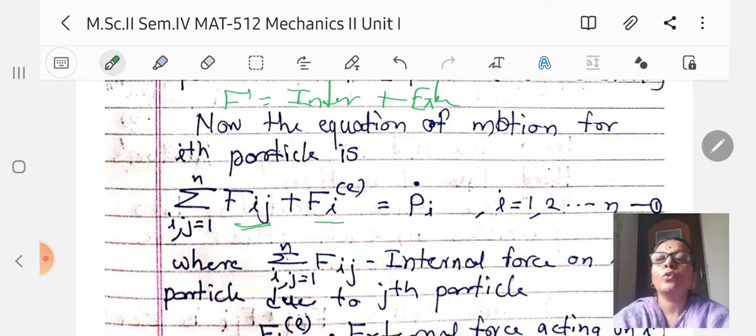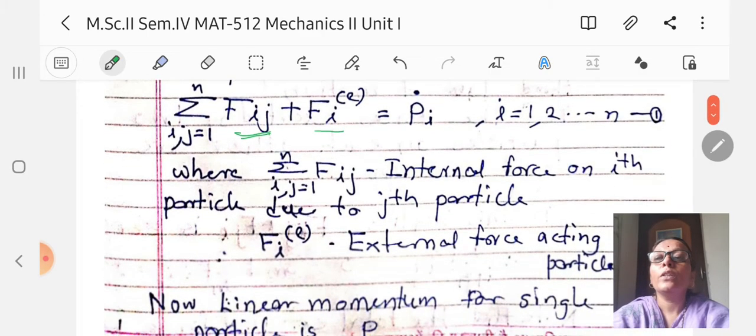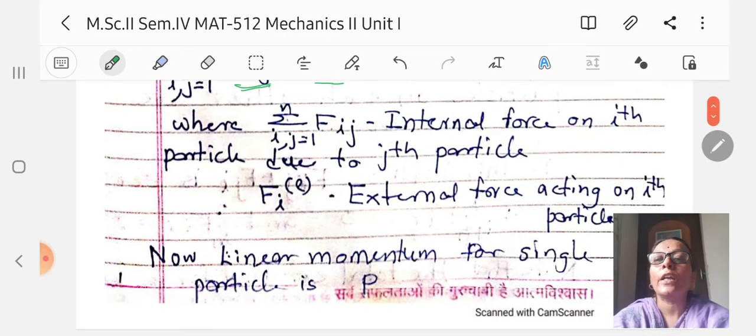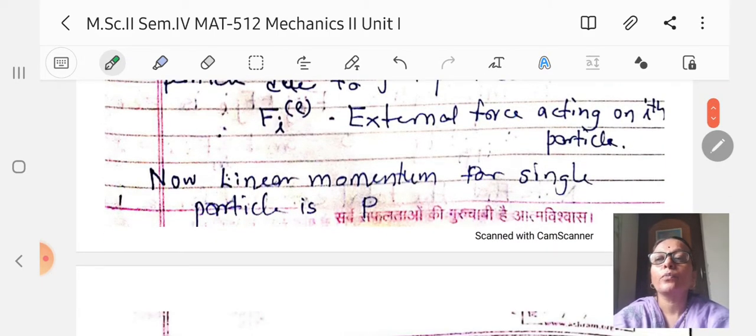Suppose this is equation first, where summation Fij is the internal force on the ith particle due to the jth particle, and Fie is the external force acting on the ith particle.